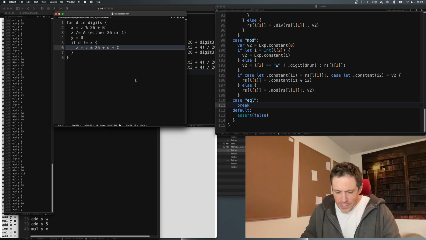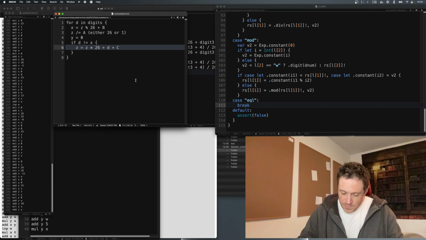So on the last iteration, we want two things to be the case. We want Z to be less than 26 going in.